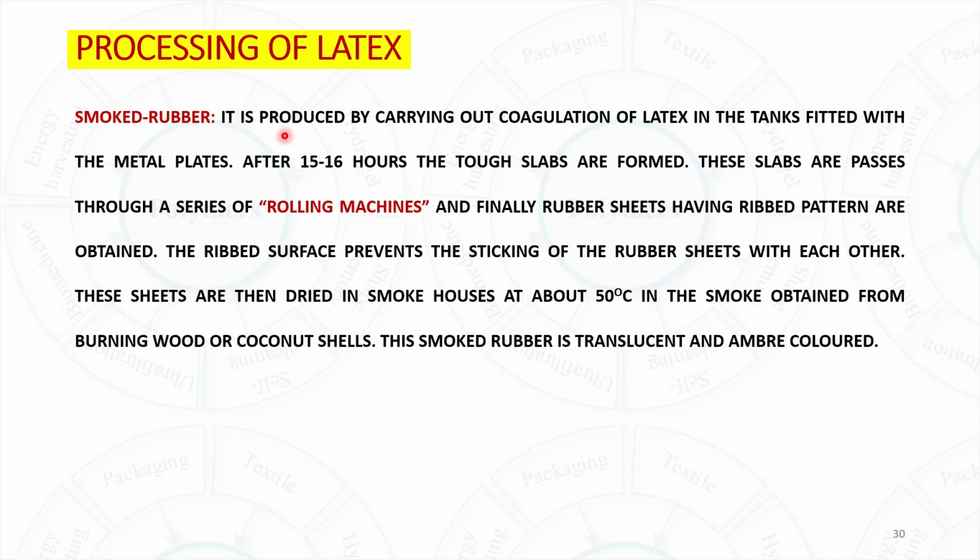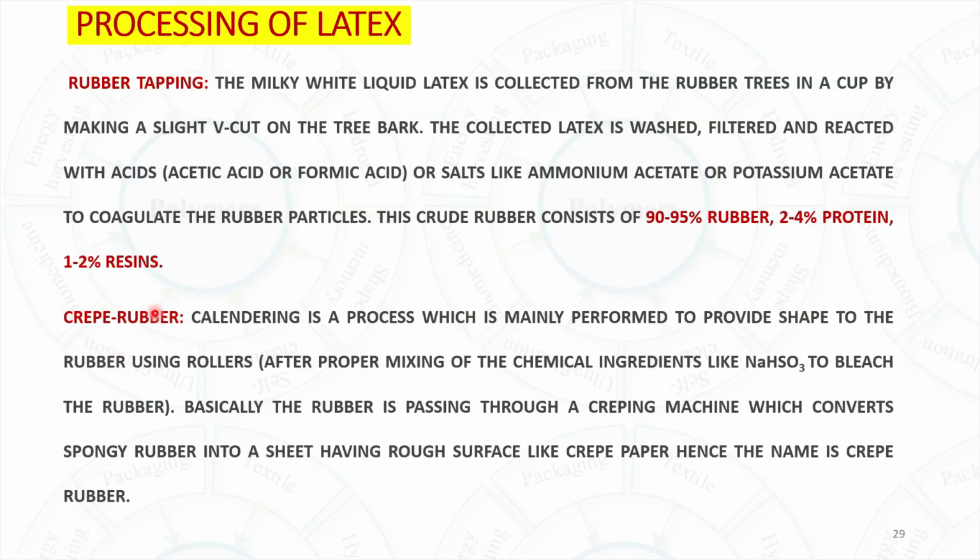Okay, so smoked rubber is produced by carrying out the coagulation of the latex in the tanks fitted with metal plates. See, generally you have produced this in the earlier process. If I go back, this is the crepe rubber, and I have explained the process of how you did it.